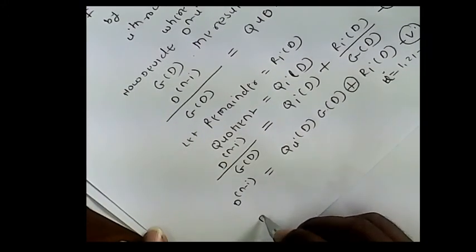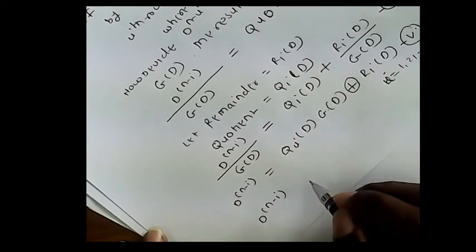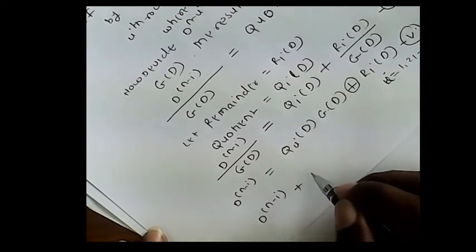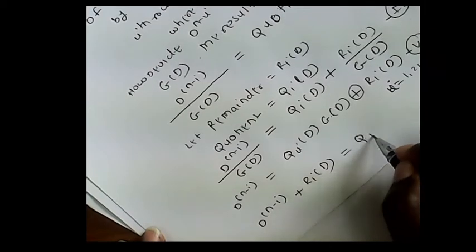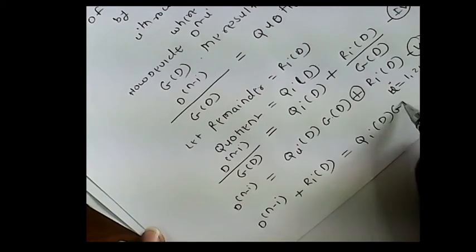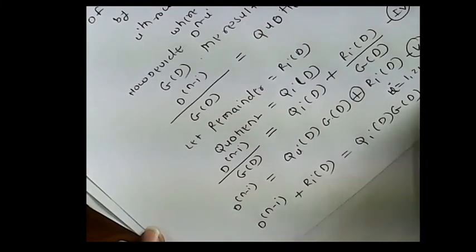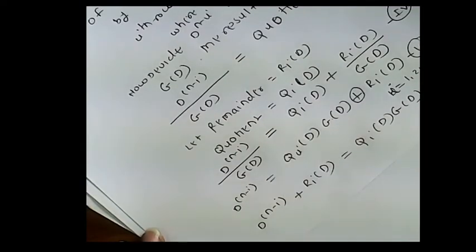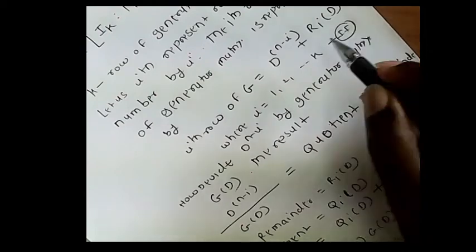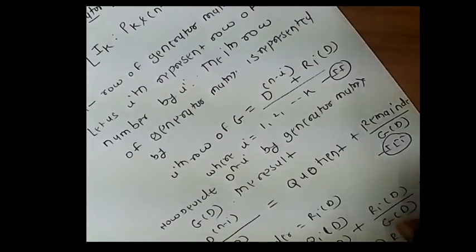So the above equation gives equation number 2, which gives the systematic row of the generator matrix.